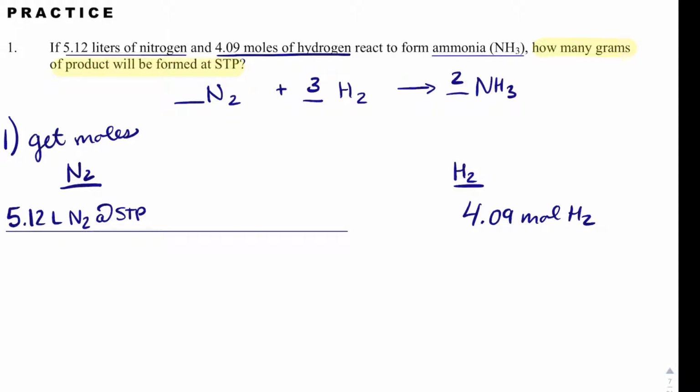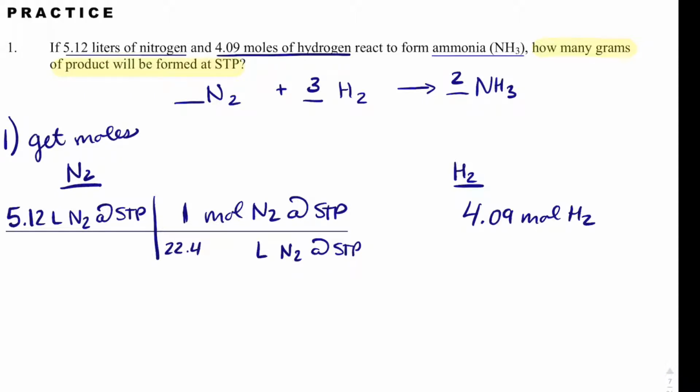I can always get to moles in one step, and that's kind of nice. I'm going to go from liters of nitrogen at STP to moles of nitrogen. Since this is not a mole bridge conversion, I know it's going to be 1 mole, and that's going to be 22.4 liters.